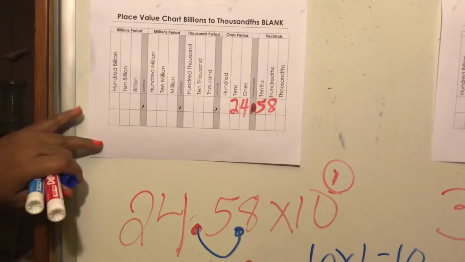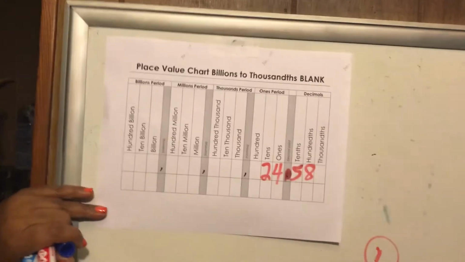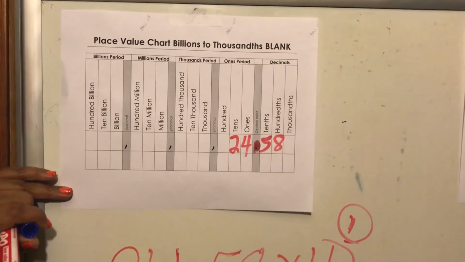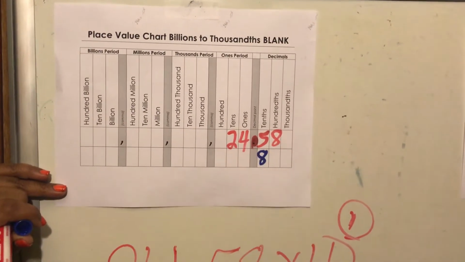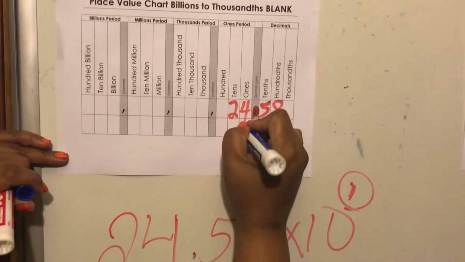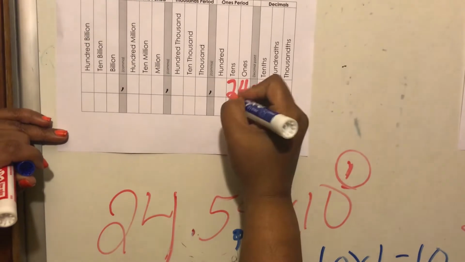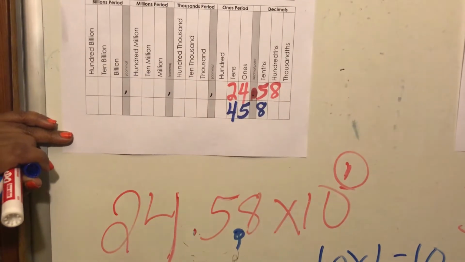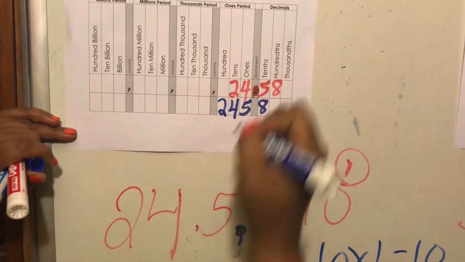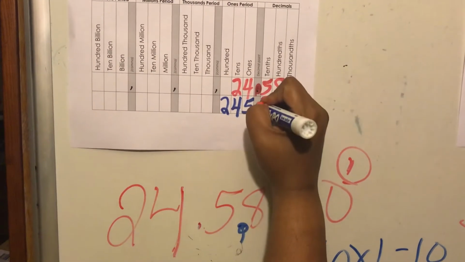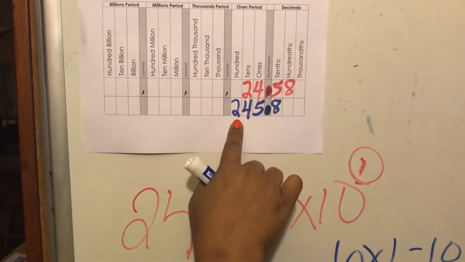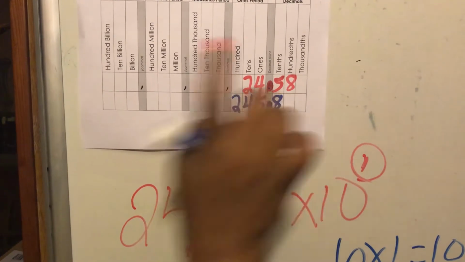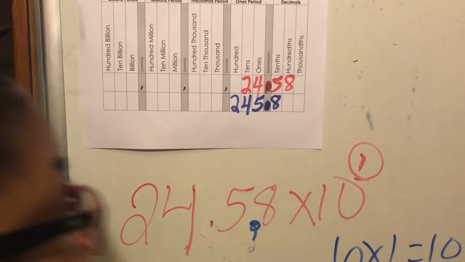So let's rewrite it. Now the 8 is in the tenths, behind the decimal. The 5 is in the ones. The 4 is in the tens. And the 2 is in the hundreds. Now I have 245 and 8 tenths.